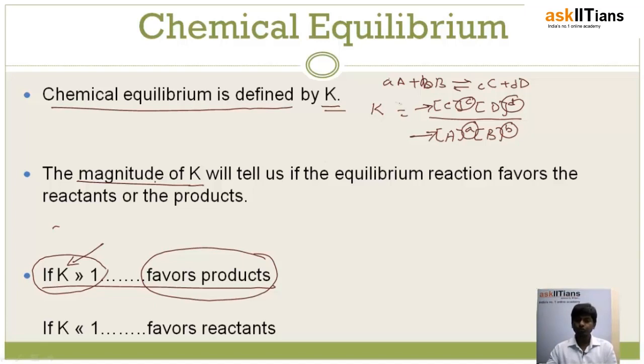Like the previous example of molecular rearrangement of nitrogen dioxide, you can get the data for other reactions also, compute the value of K and compare it with one, and then judge whether the reaction is favoring the product. If the condition is just the opposite, you can conclude that it is not going to favor the product but favor the reactants.